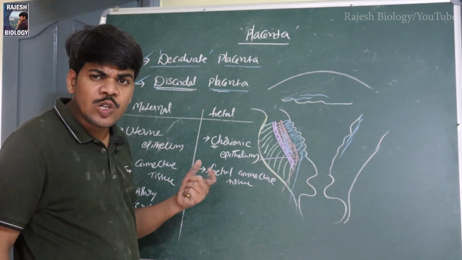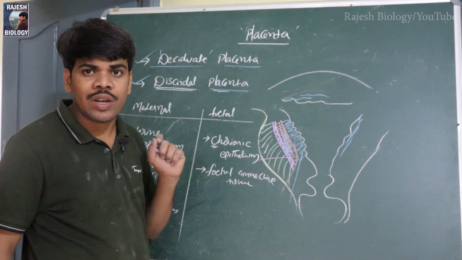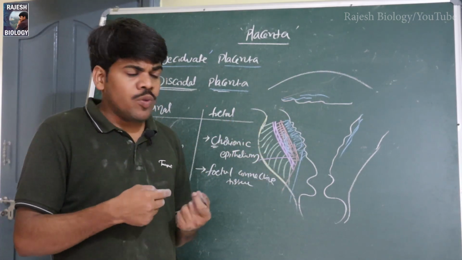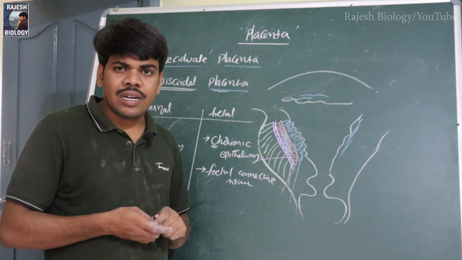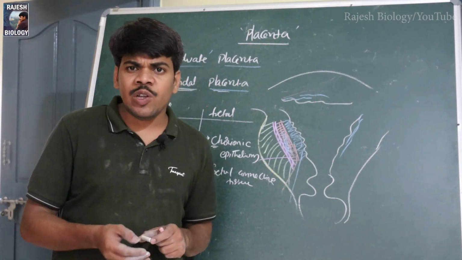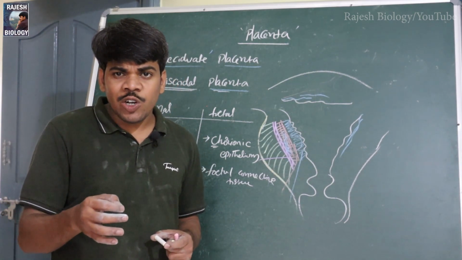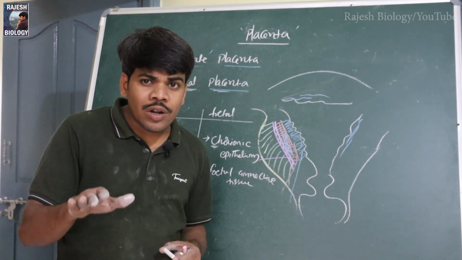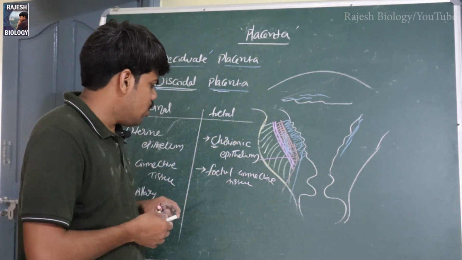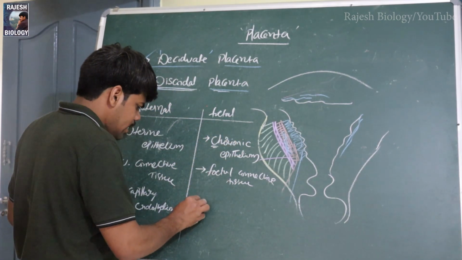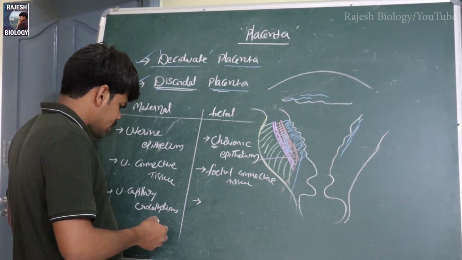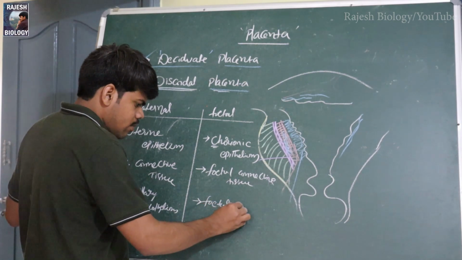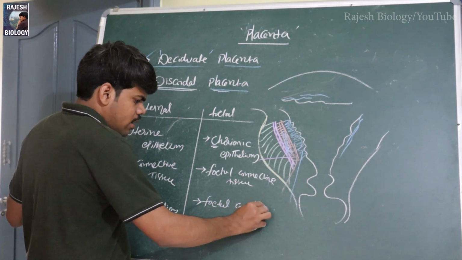It is nothing but the extra embryonic mesoderm, or extra embryonic mesodermal layer, and it participates in the placenta. If you watched our previous video, you will know that the extra embryonic mesoderm, somatic layer, and cytotrophoblast together are called the chorion. So, fetal connective tissue, and last but not least, the fetal capillary endothelium.